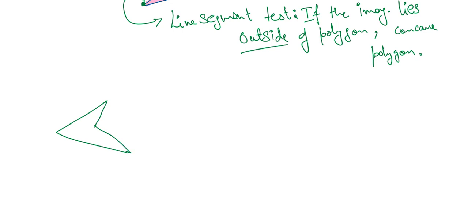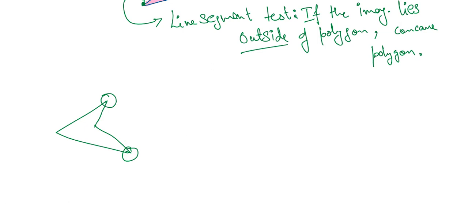Again here, if I join these two points, would I get a line lying outside of my polygon? Can you guess? Yes, it is the case. If I join it, my line segment will come outside the polygon.